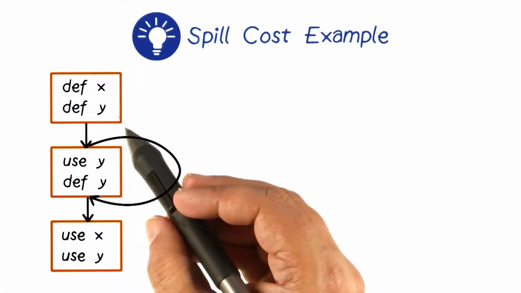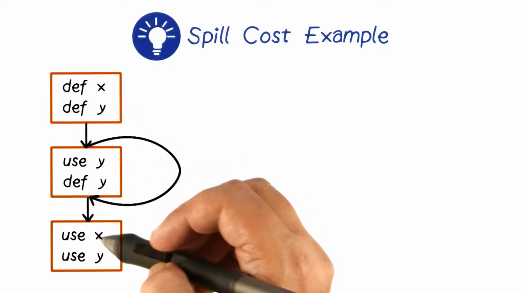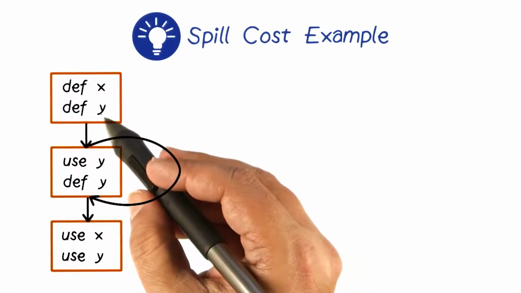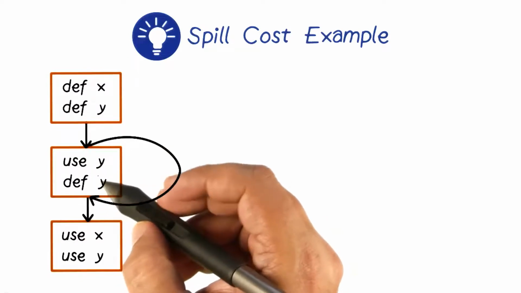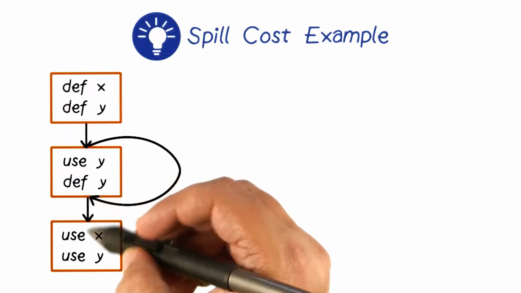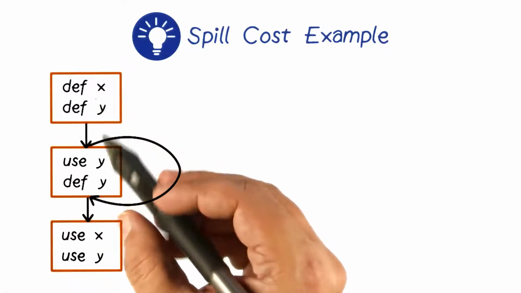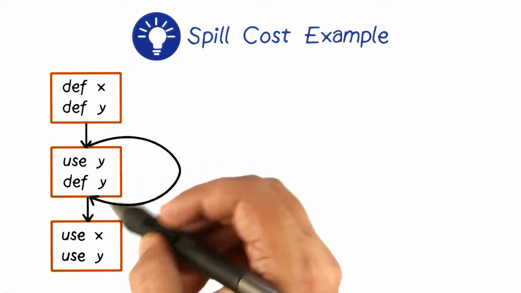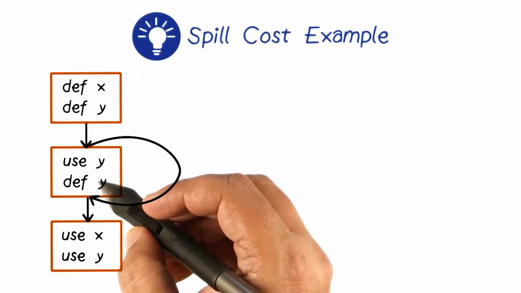You can see here that we have a web on X spanning from here to there, and we have a web which is spanning from here to here on Y, and the same web then extends over here. So we have a web of X and we have a web of Y. In particular, the web of Y is partially inside the loop nest.